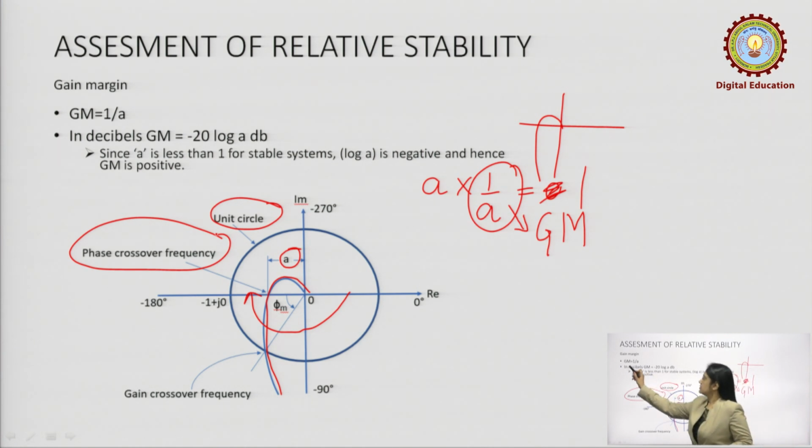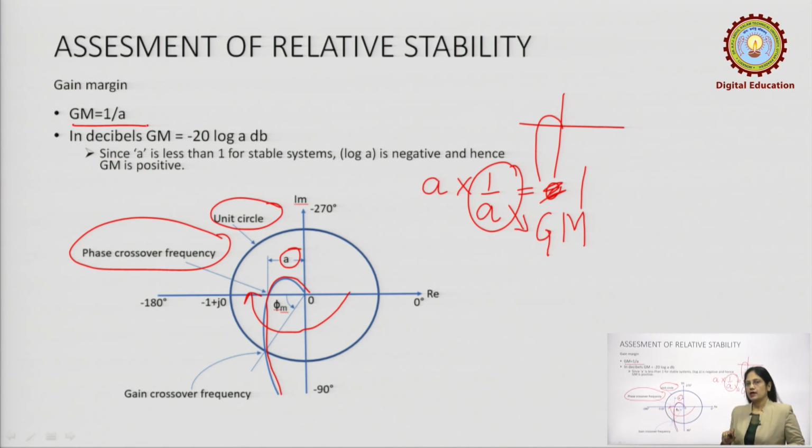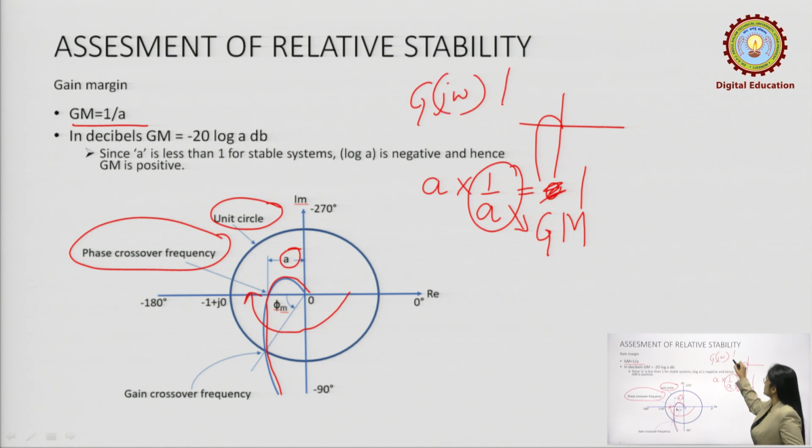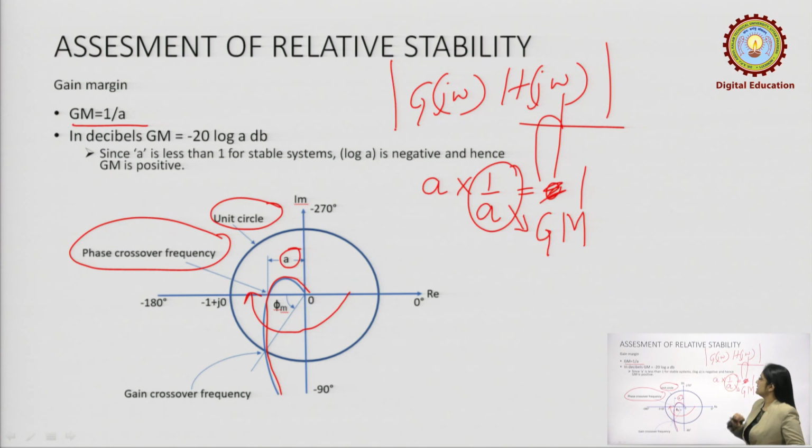As mentioned, gain margin is 1/A, where A is the magnitude of G(j omega)H(j omega) when the phase angle is minus 180 degrees.